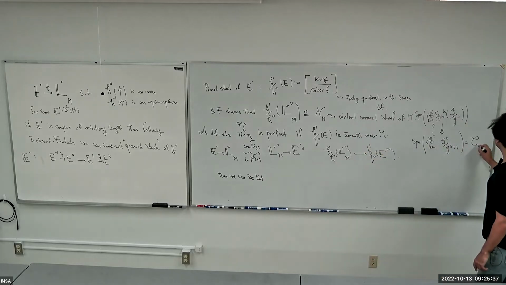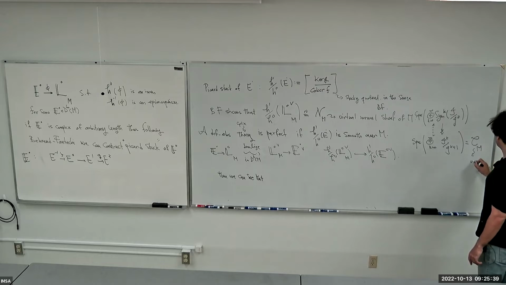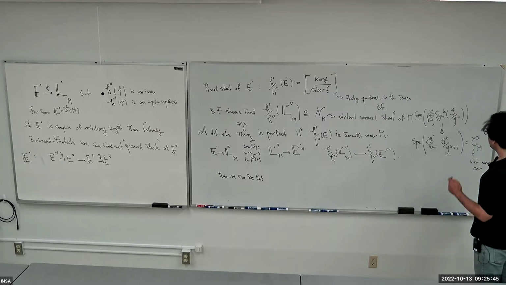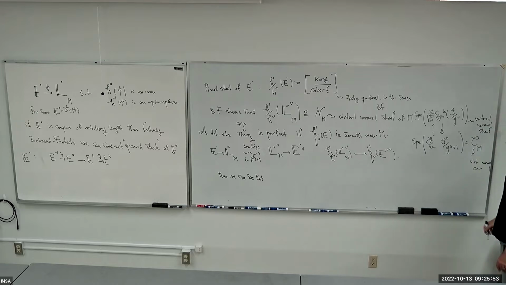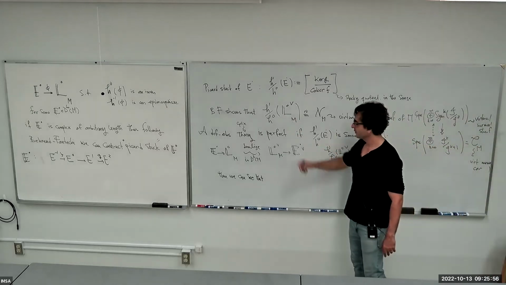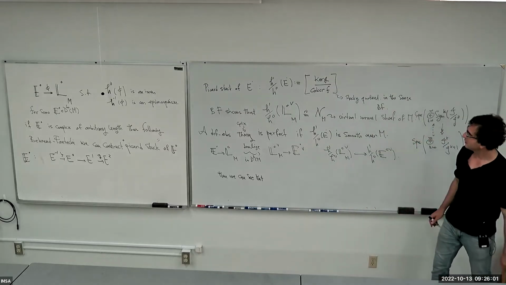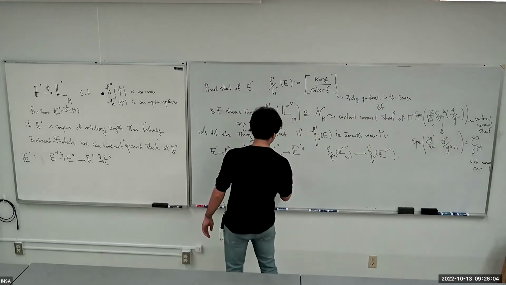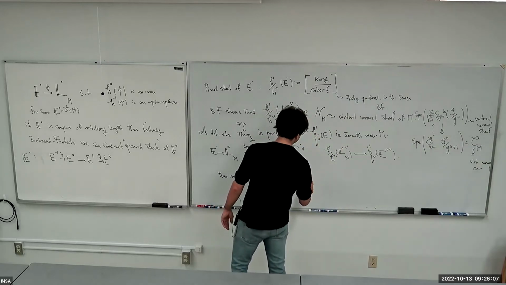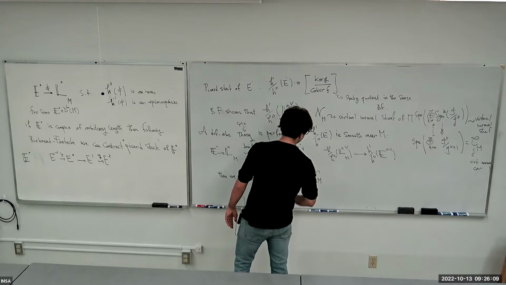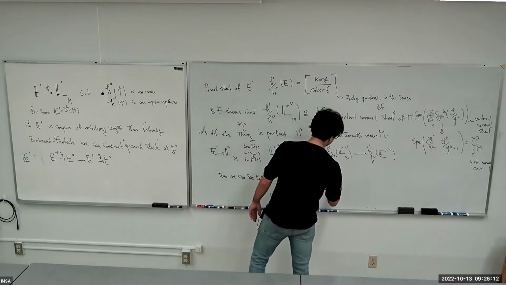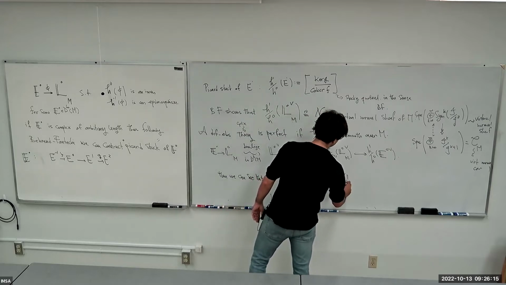This is the virtual normal cone of M, and this is the virtual normal sheaf. And this comes from here. But the virtual normal sheaf itself embeds inside here. So from here we can actually see that the virtual normal cone of M injects inside the virtual normal sheaf of M, and that injects inside H1 over H0 of E dot dual.